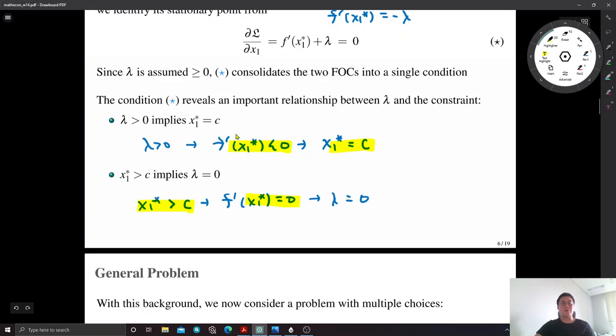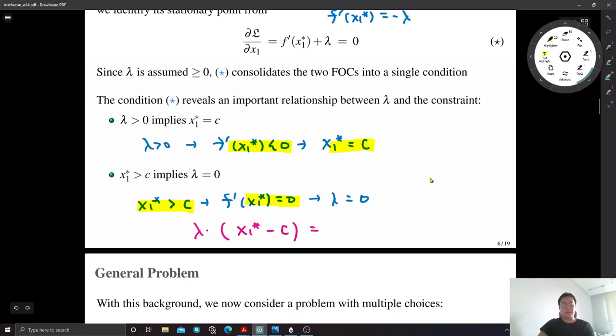There are two jobs we have to do, so that is really cumbersome. But by expressing the complementary slackness condition in terms of lambda and the constraint, we don't have to do these two jobs. So the corresponding complementary slackness is going to be lambda times x1 star minus c.